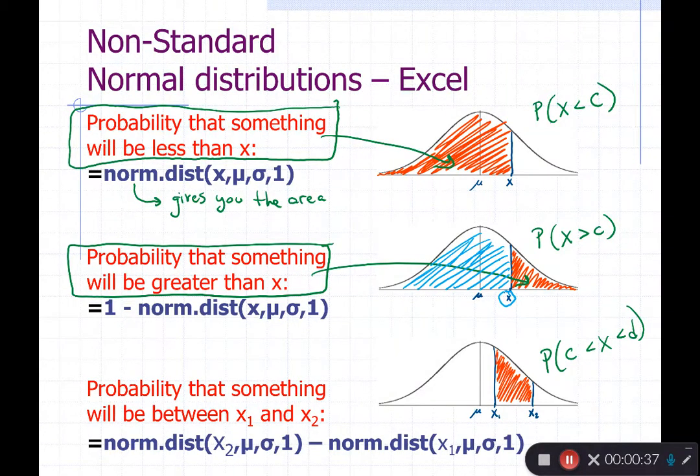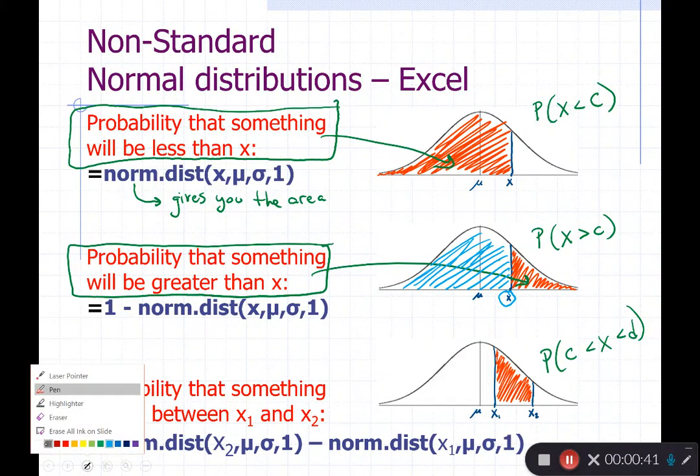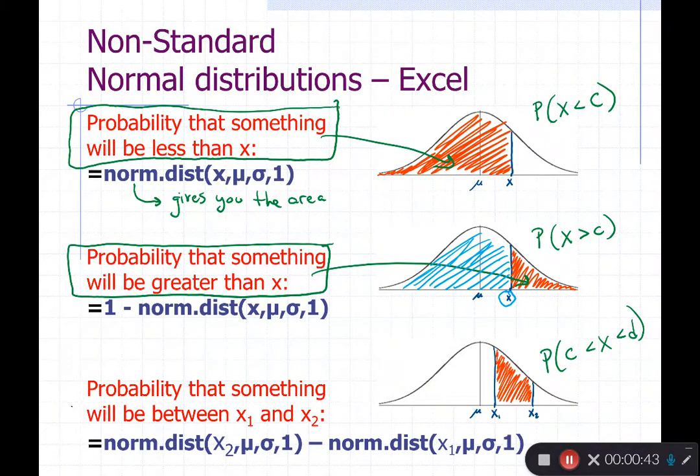And we could use the fact that the area to the left of x plus the area to the right of x together has to give you 1, because the total area under the graph is 1.